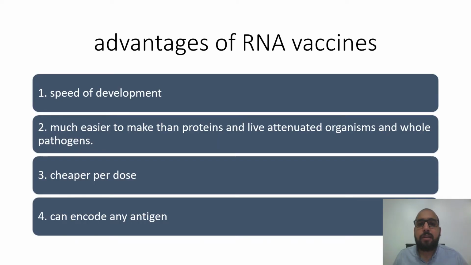There are a number of advantages of nucleic acid vaccines that make them a really cutting edge technology. First, it's the speed of development. They are also much easier to make than proteins, live attenuated organisms and whole pathogens. It's generally cheaper per dose and you can encode any antigen.